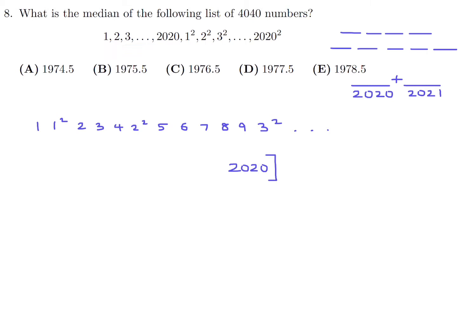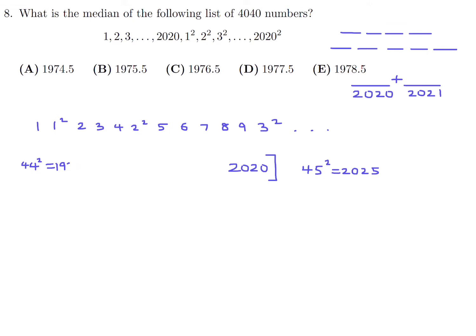And then that's it for that list. And then at that point onwards, we only have items from the other list. Now I want to figure out what is the first item in that list that appears after 2020. Well, it's the first perfect square that's greater than 2020, and that is 45 squared. And just in case you want to know, that's 2025. 44 squared would be back here somewhere, because 44 squared is 1936.